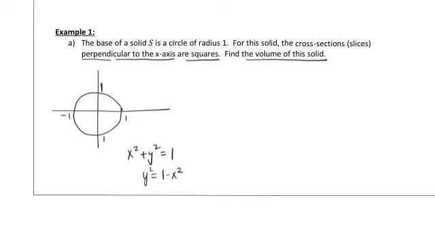And we've talked about before how that means y equals the positive square root is the top of the circle, and y equals the negative square root is the bottom of the circle. So this is my base, and then on top of this I'm building a solid which has cross sections that have a square shape.